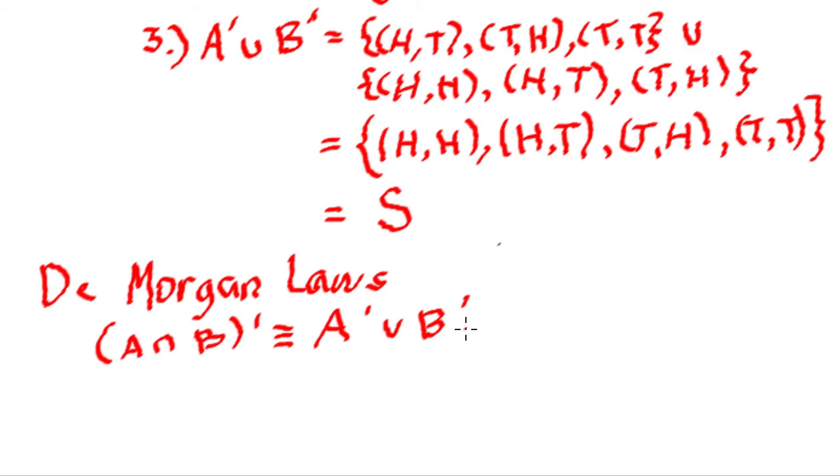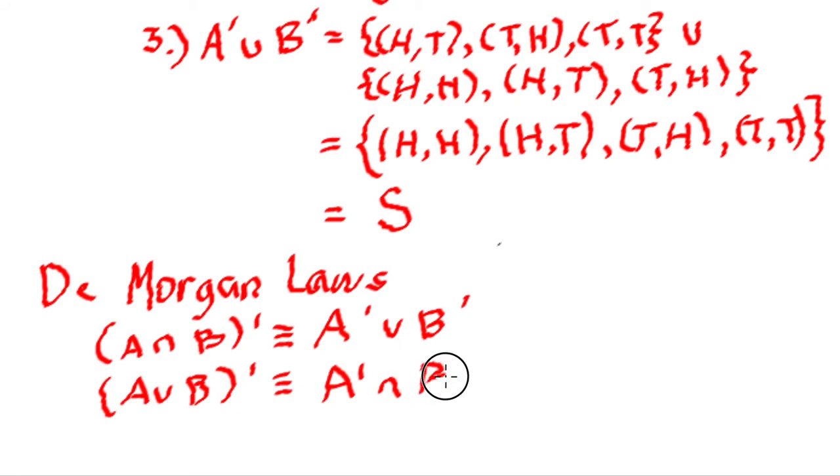The other one is the opposite of it. Notice the connectors or the operations. So the other law is actually very similar. A union B quantity complement is logically equivalent to A complement intersection B complement.